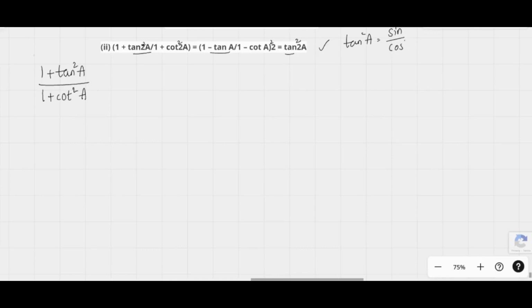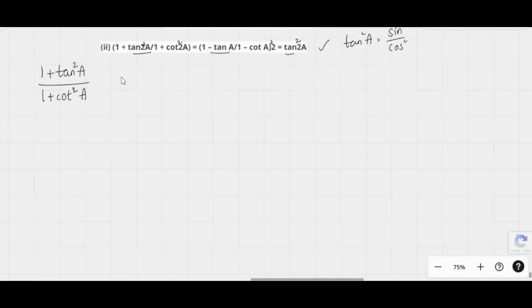So either I have to get sin square by cos square or I have to get tan square directly. Here cot is also nothing but the reciprocal of tan, and both are in the form of squares. Whenever you see the terms are in squares, try to use your identities. So which identity has both tan and cot in it?